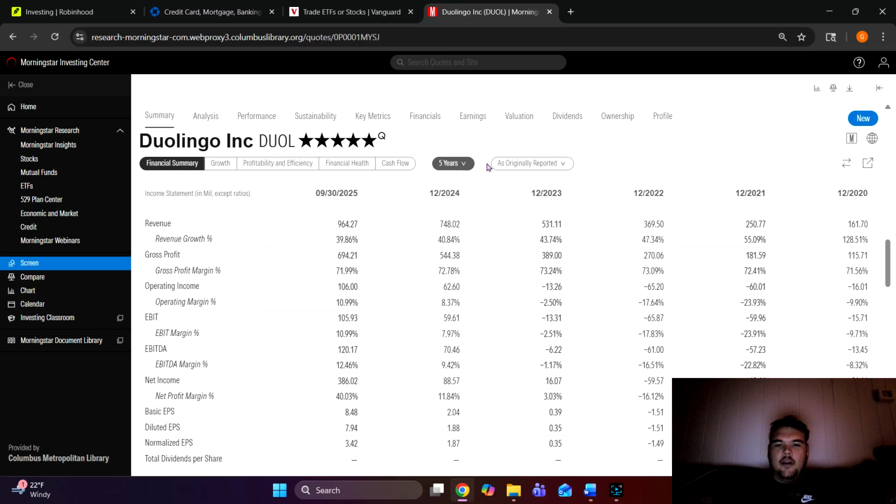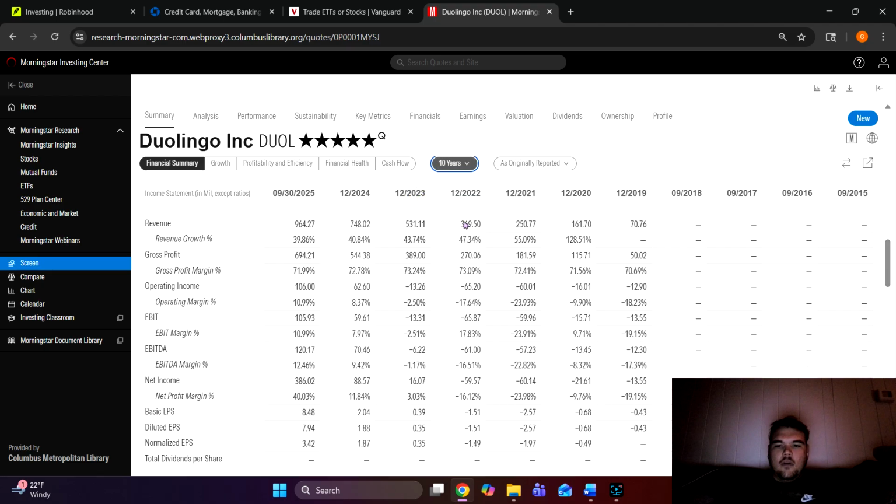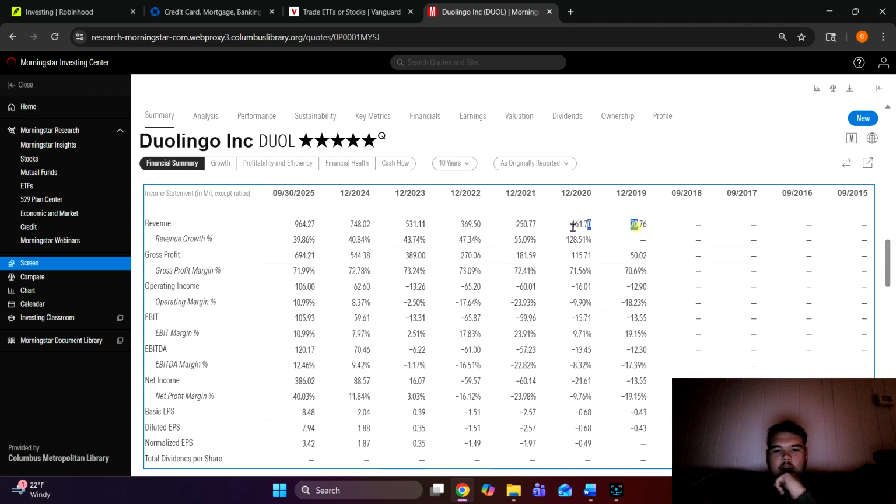Wow. Okay, holy moly. This is crazy revenue growth with really nice gross profits and crazy net income growth.